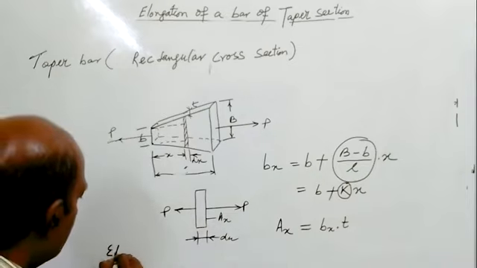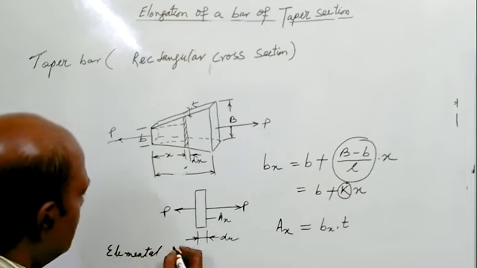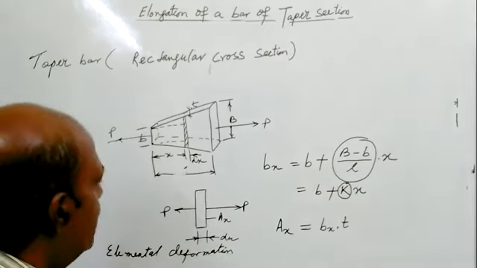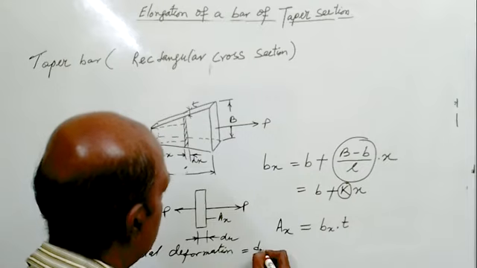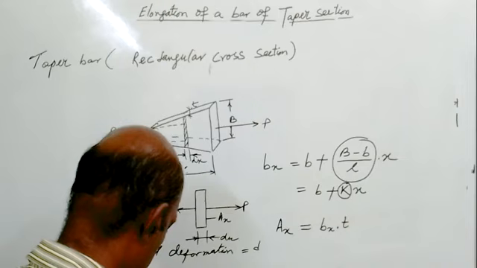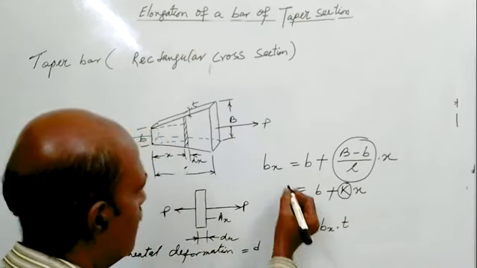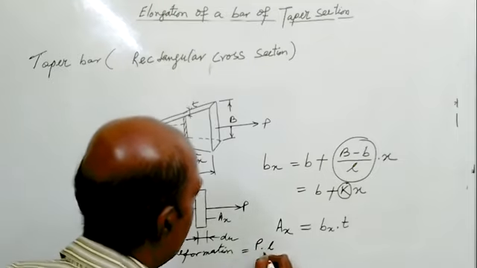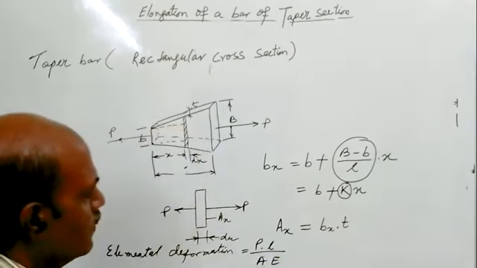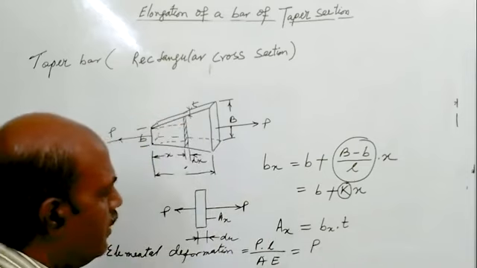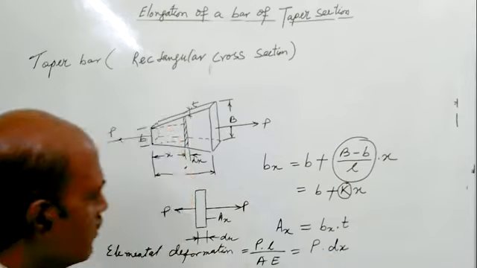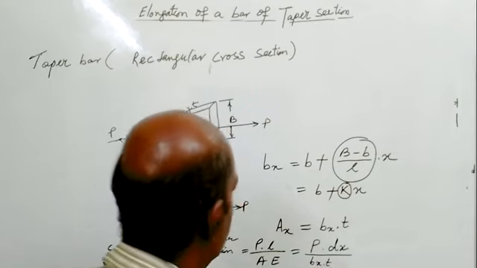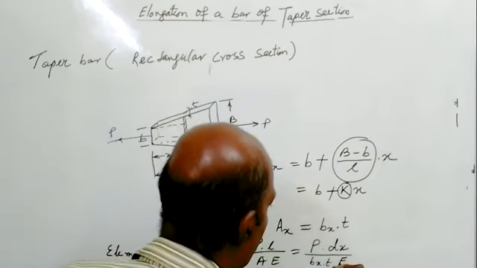So the elemental deformation, d of delta, is given by P into L by A into E, where P is the load acting on this element, the length of the element is dx, the area of the element is Bx into t, and E is the Young's modulus of elasticity.